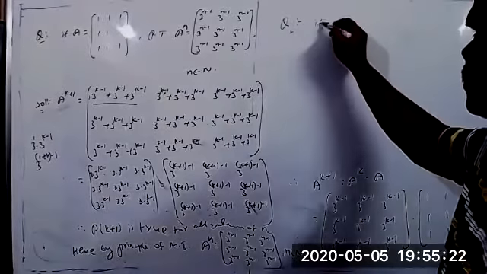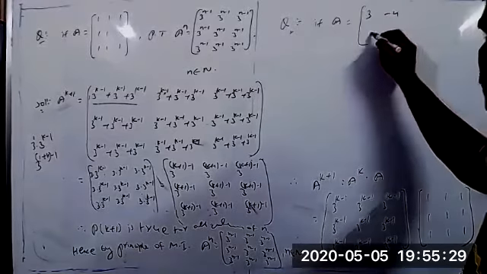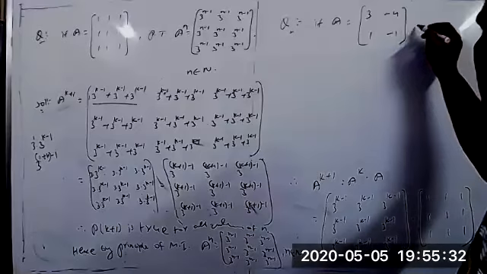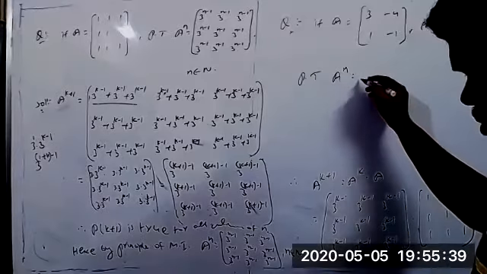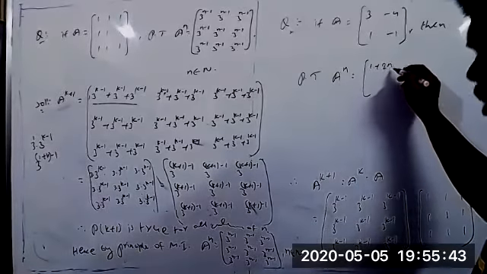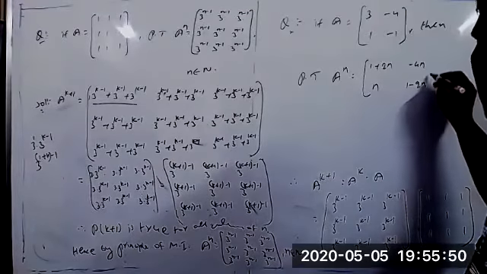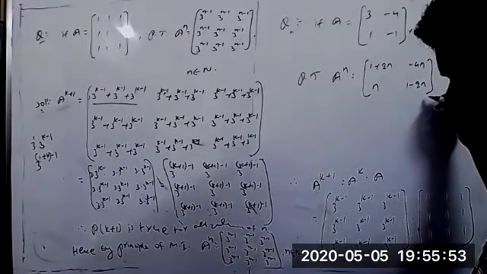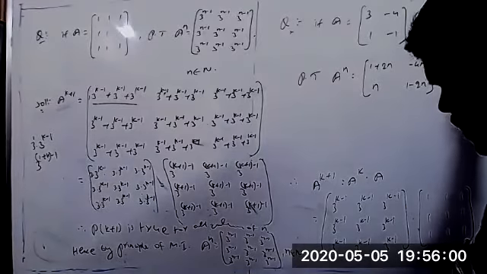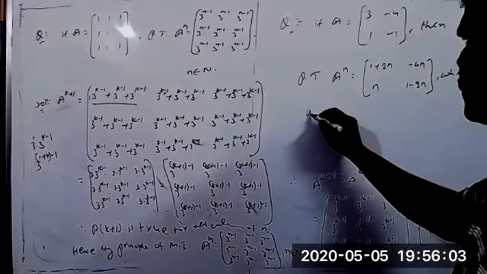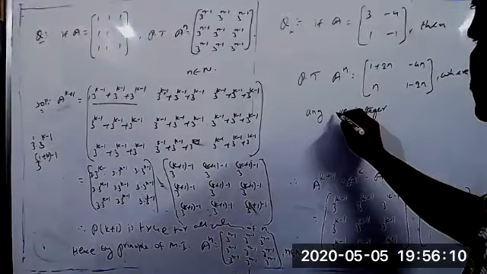If A equals 3 minus 4, 1 minus 1, then prove that a power n equals 1 plus 2n minus 4n, n and 1 minus 2n, where n is any positive integer. n is any positive integer.